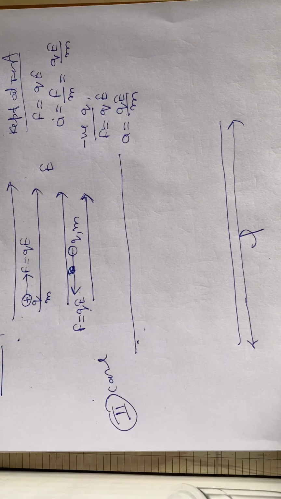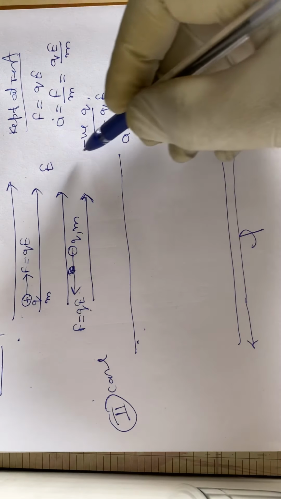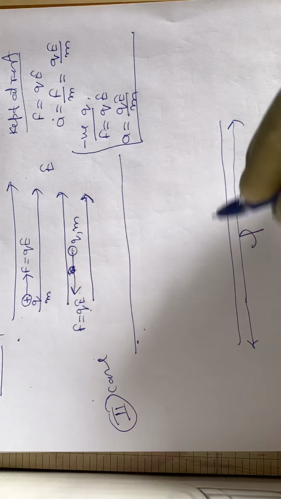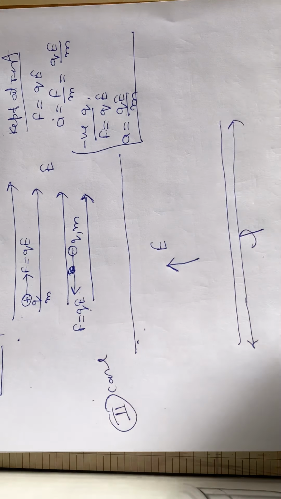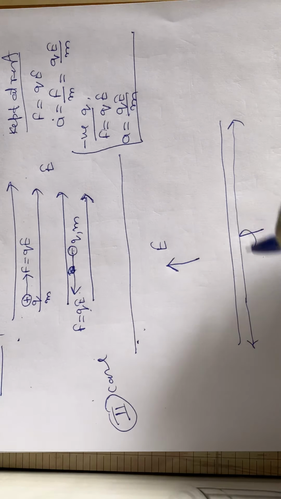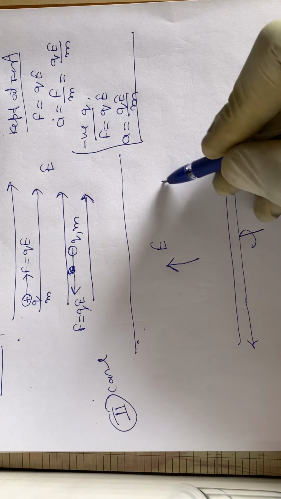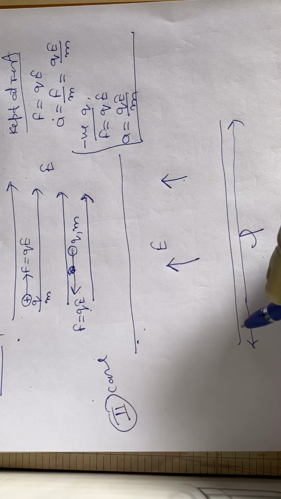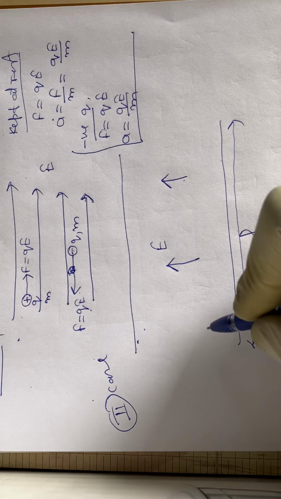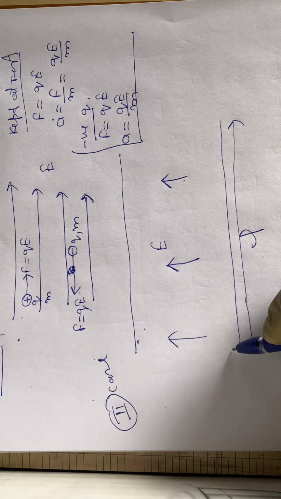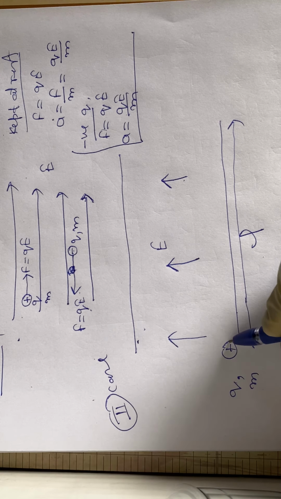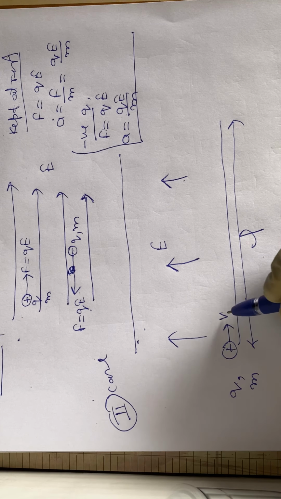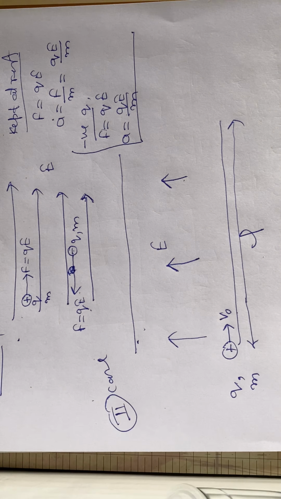Let us say in this region of length L, the electric field is in the upward direction, that is from bottom to top. A positive charge Q having mass m is projected with the initial velocity v0.